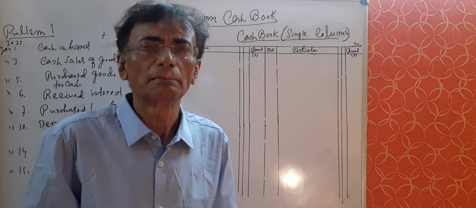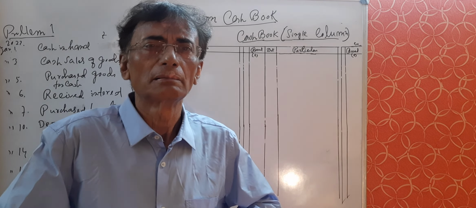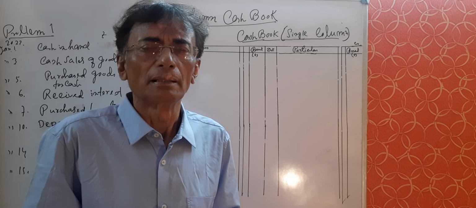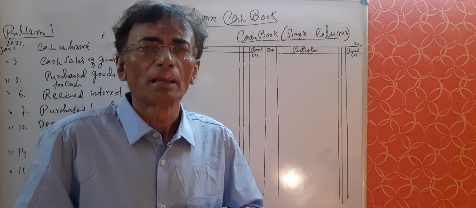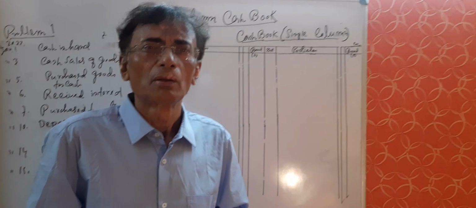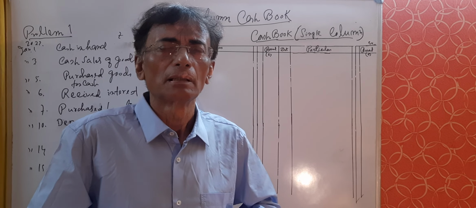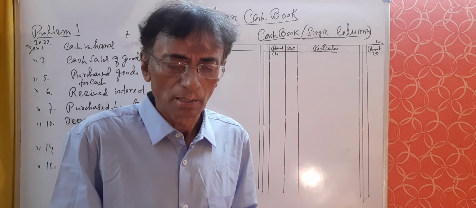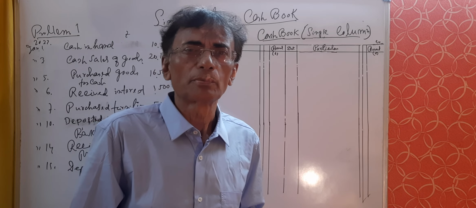In today's class, I shall discuss one of the important subdivisions of journal, that is cash book. In earlier classes on cash book, I have discussed only the theoretical aspect of cash book.